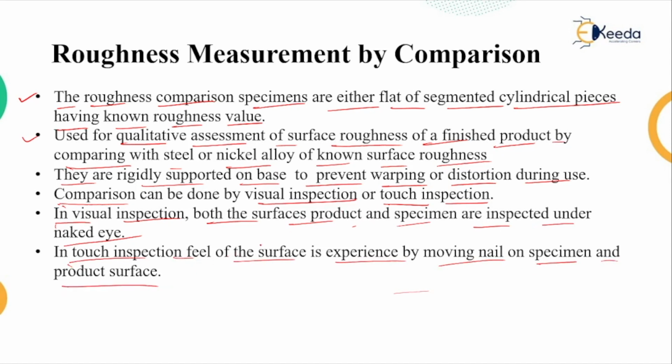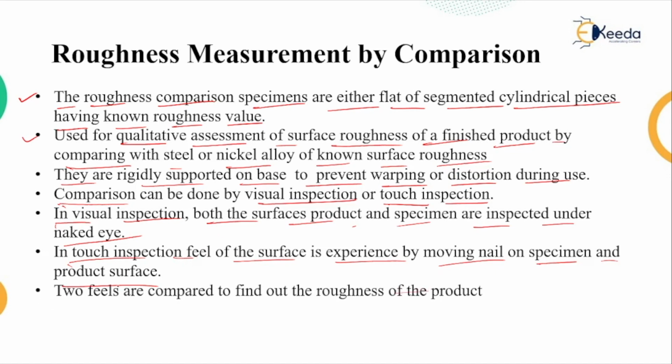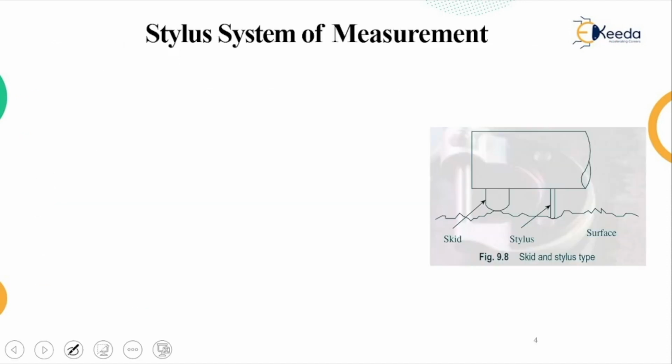For these two inspections we require a skillful person with judgment and experience. Only those who have these qualities can do this type of inspection. Then these two surfaces are compared to find out the roughness of the product.